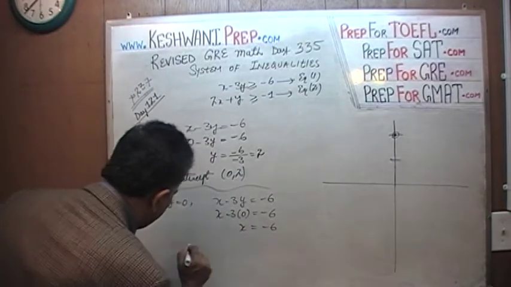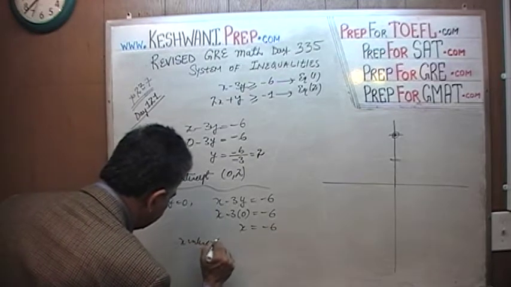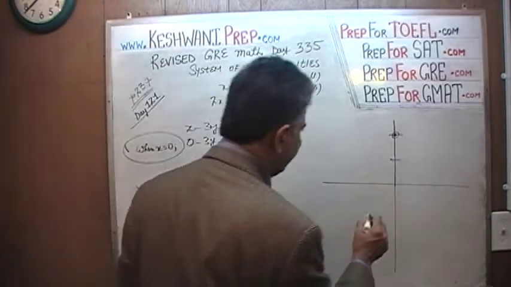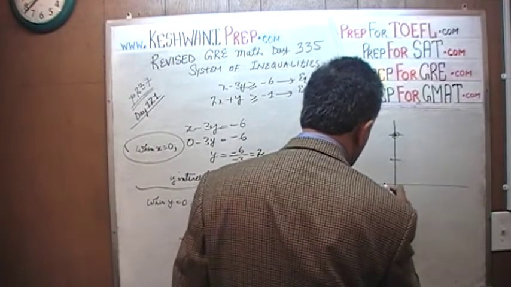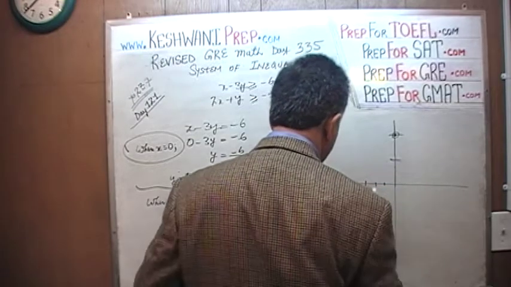And we have our x-intercept, which is negative 6 and 0. Let's do it here. Negative 6 and 0. 1, 2, 3, 4, 5, 6.